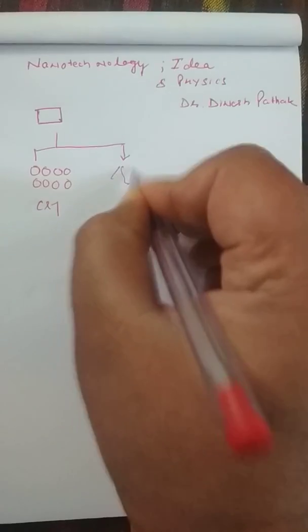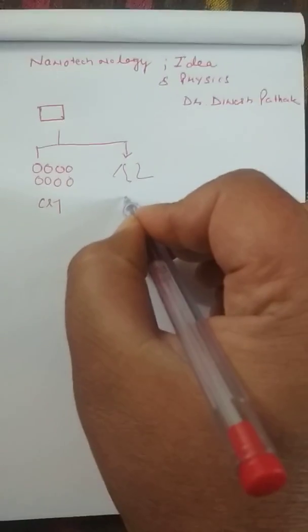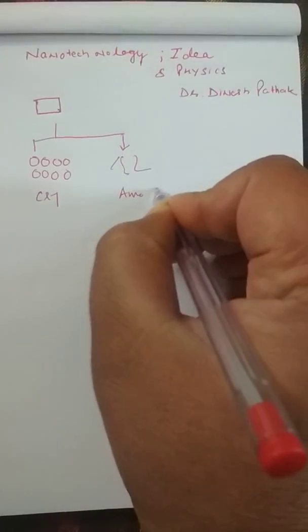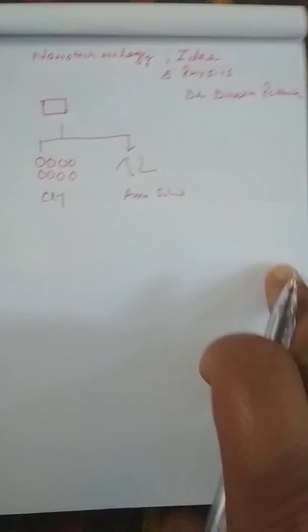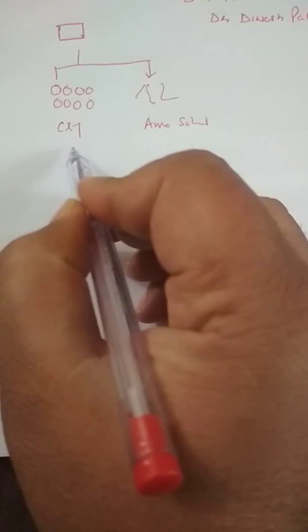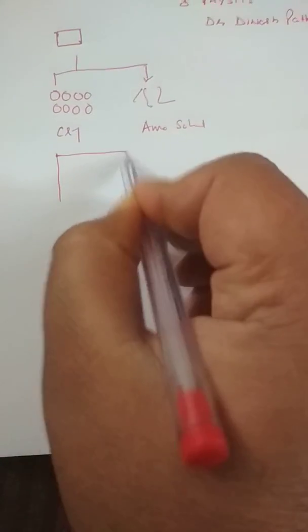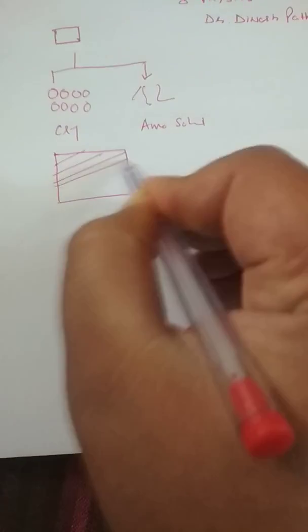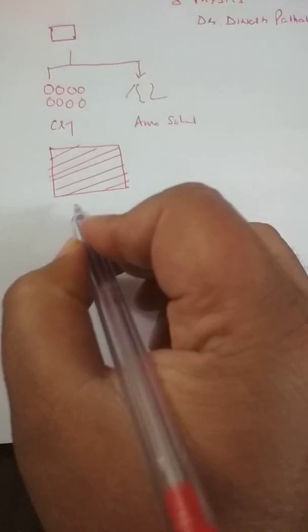Otherwise, if there is no arrangement, we name that as amorphous solid. So this we know. And further, in case of crystalline, if the periodicity, meaning the order, is the same throughout the material, and there are no gaps or faults in between, we name that as single crystalline.